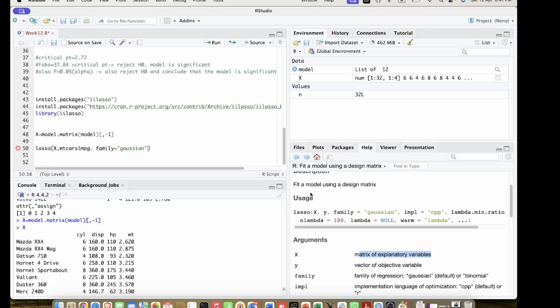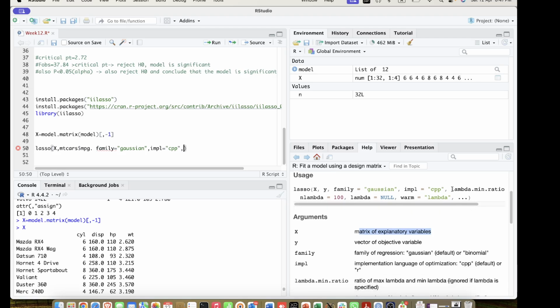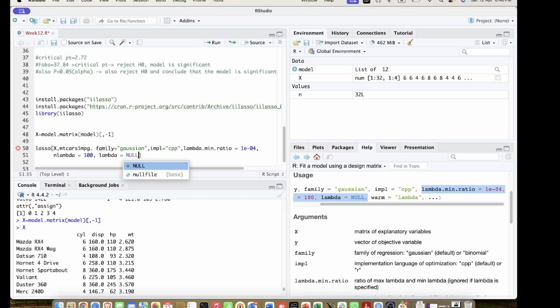Okay, implementation equal to CPP. Okay, and then I provide something similar. The lambda min ratio is this, lambda equal to lam or something like this. If I put it here, and if I give lambda equal to a sequence, let's see what happens if I give this.